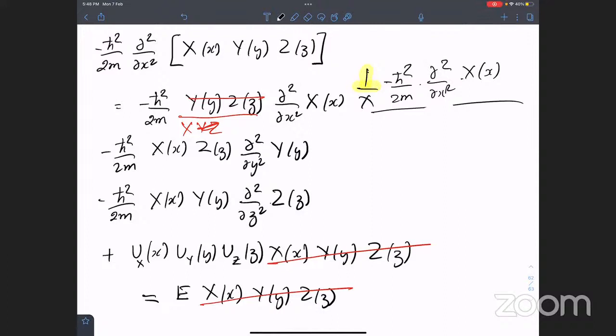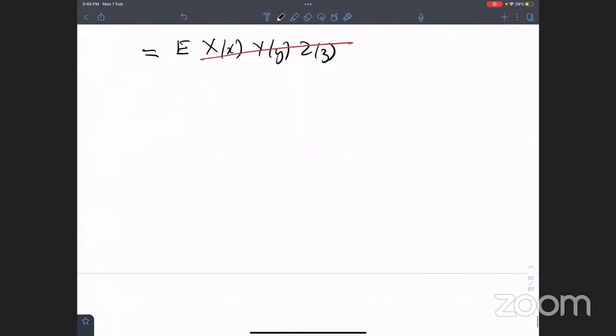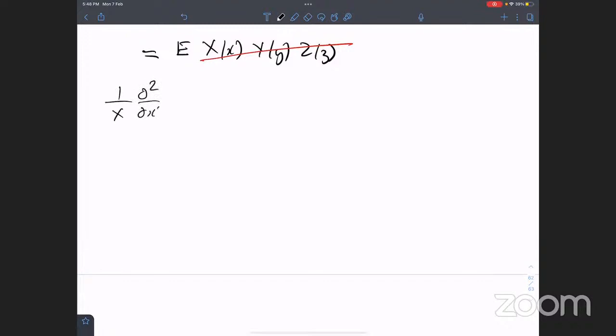So we know inside the box the potential is 0, so we can even cut this out completely, and we can write it finally in the following way: 1 by X into d squared by dx squared of X plus 1 by Y, I'll take the constant out later, okay?